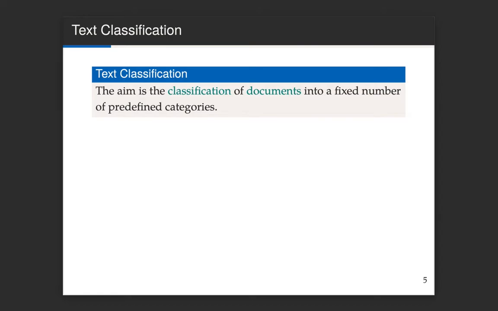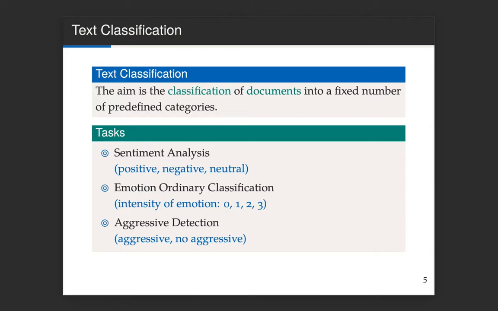Text classification is when you want to classify documents into a fixed number of predefined categories. This problem has many tasks associated with it. One of them, for example, is sentiment analysis. We just saw two examples of sentiment analysis, and the idea is to classify the text into positive, negative, or neutral polarity.